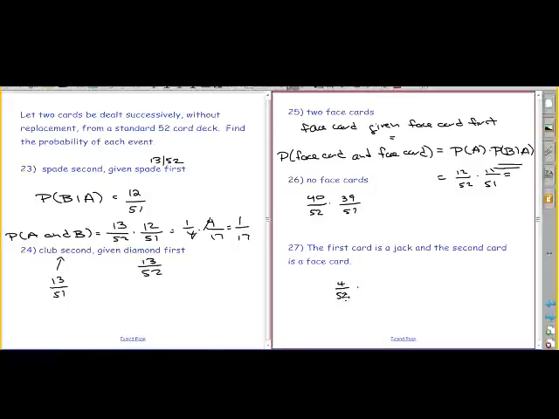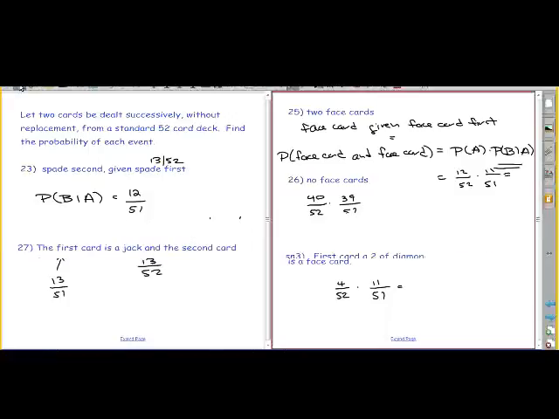So if the first card is a jack, the probability of picking a jack out of a full deck of cards is 4 out of 52. Oh, this does say face card. Okay. And the second card is a face card, but the jack is a face card. So instead of 12 face cards remaining, because the first chosen was a jack, there are 11 face cards remaining, and there are 51 cards.